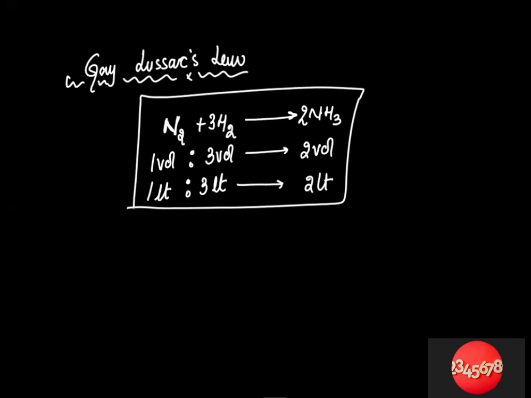1:3:2, and this is how we do the numericals also, by using this concept that ratio will always remain the same. This is clear? Please come to page number 71, let's check the law. When gases react they do so in volumes which bear simple whole number ratio to one another and to the volume of the product, if gases, provided the temperature and pressure of the reacting gases and product remain constant.